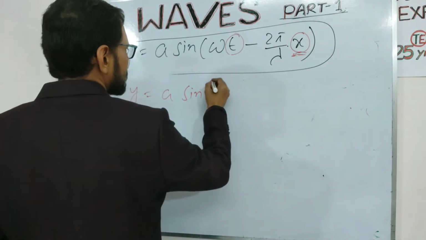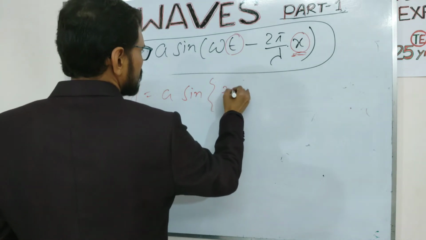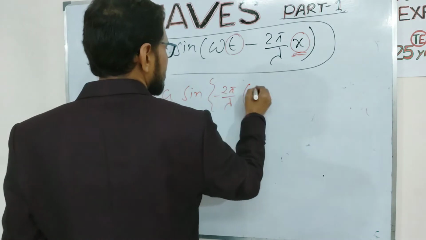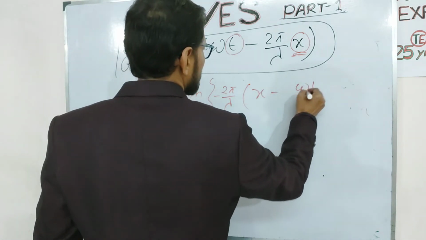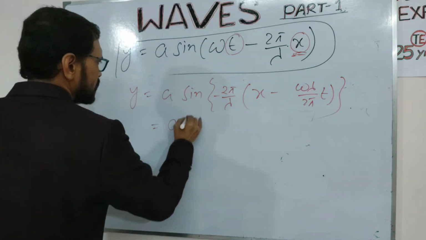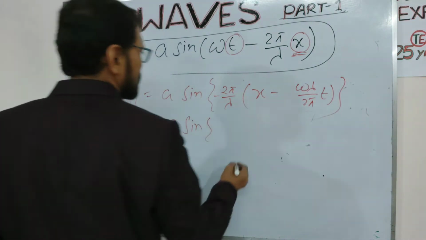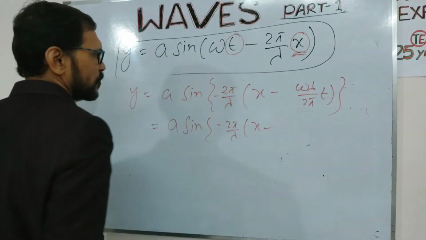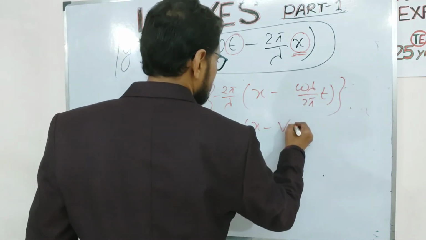If we take 2 pi by lambda common, then this becomes x minus omega lambda by 2 pi into t. So this will be a sin 2 pi by lambda into x minus, what is omega? Omega is 2 pi n, and n lambda is v, into t.